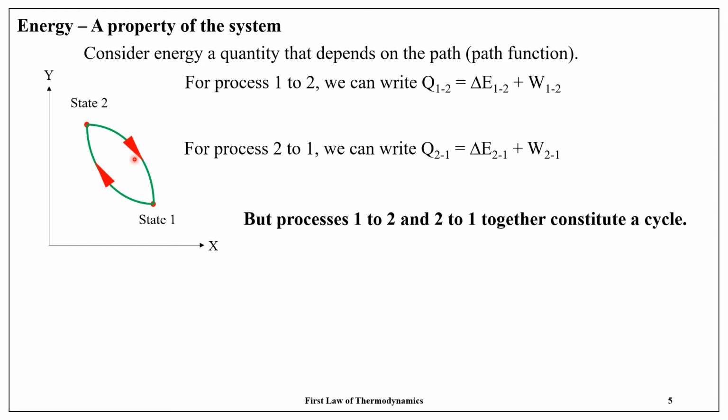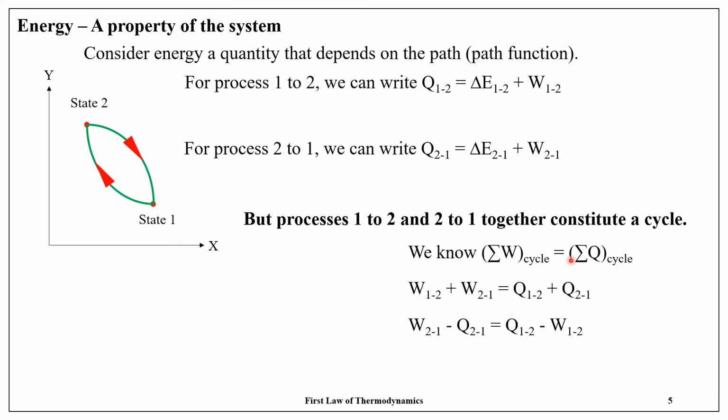And we know for a system undergoing a cycle, sigma W is equal to sigma Q. So this can be written like this: W1 to 2 plus W2 to 1. That means the work done during the process 1 to 2 plus work done during the process 2 to 1 is equal to heat transfer during process 1 to 2 plus heat transfer during process 2 to 1.